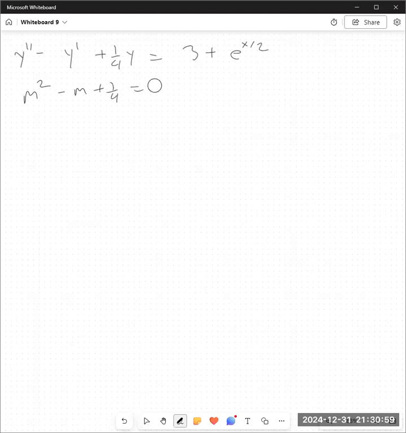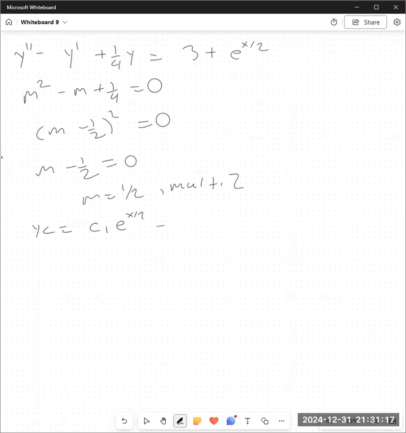With our auxiliary equation, we end up with (m minus 1/2) squared equals 0. So m minus 1/2 equals 0, m equals 1/2 with a multiplicity of 2. So my yc is going to be equal to c1 e to the x over 2 plus c2 x e to the x over 2.